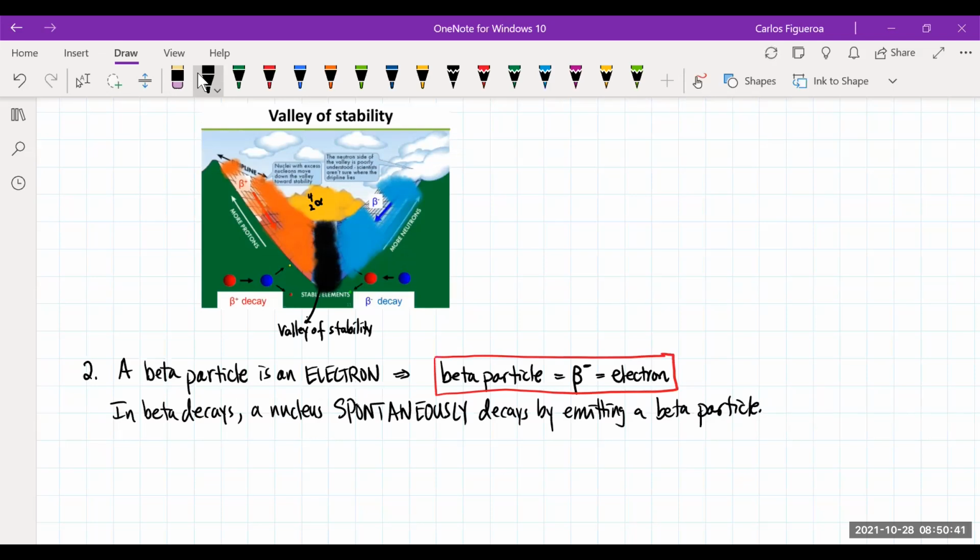And here's where it's strange: beta decays change a neutron into a proton. Literally alchemy. It's alchemy happening.